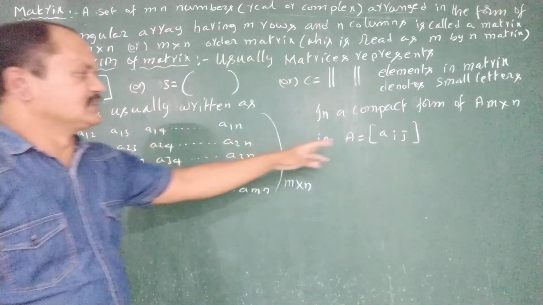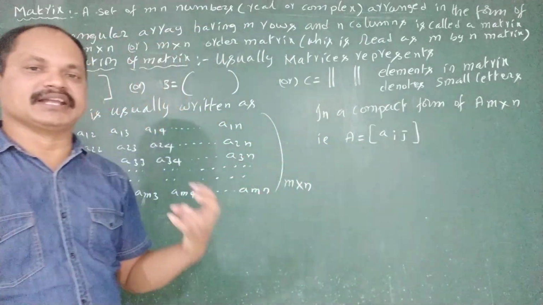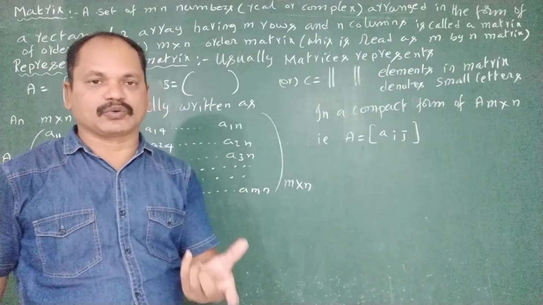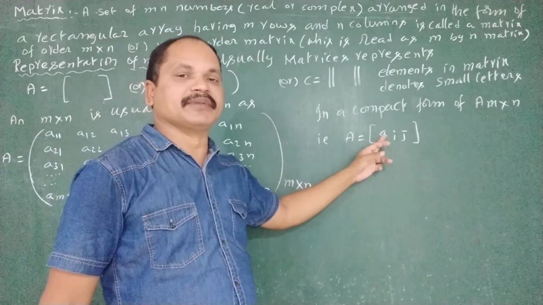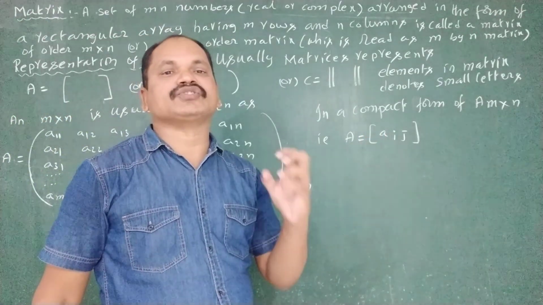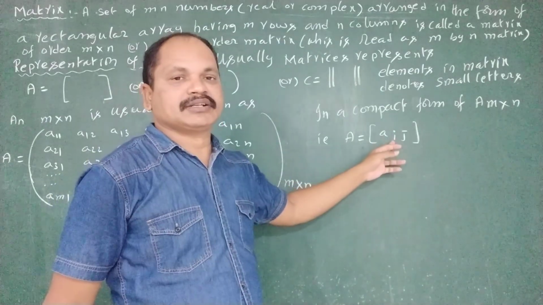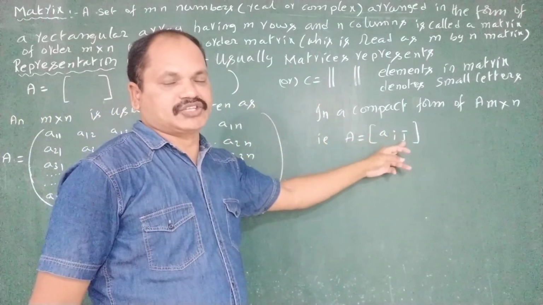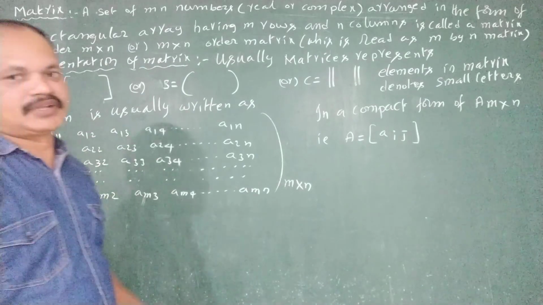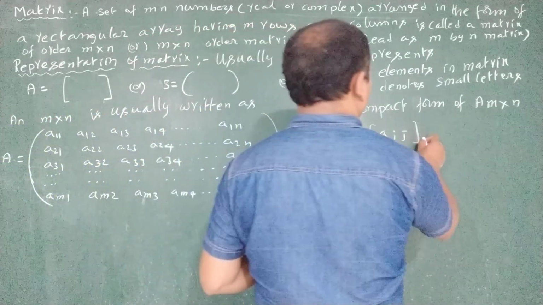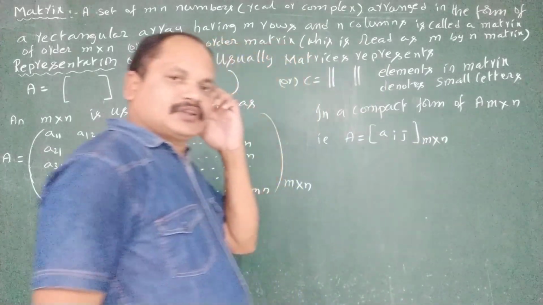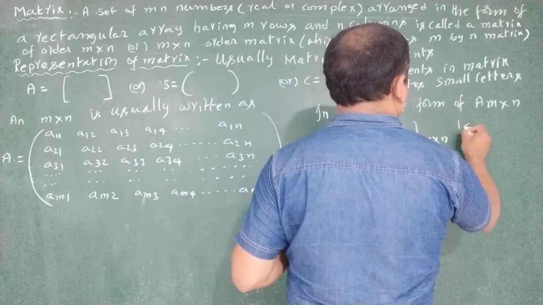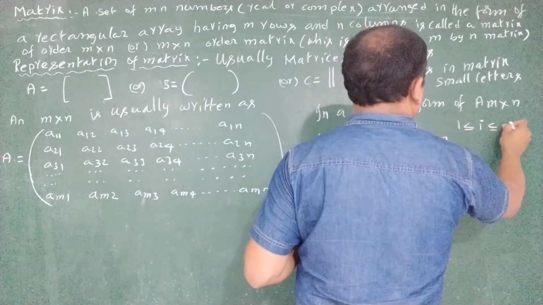That means this represents each and every element in the matrix which belongs to a particular row and particular column. That's why this is the element which belongs to the ith row, jth column. If i is 1 and j is 1, then it is a11. If i is 1 and j is 2, then it is a12, like that, of order m by n, where 1 is less than or equal to i less than or equal to m.